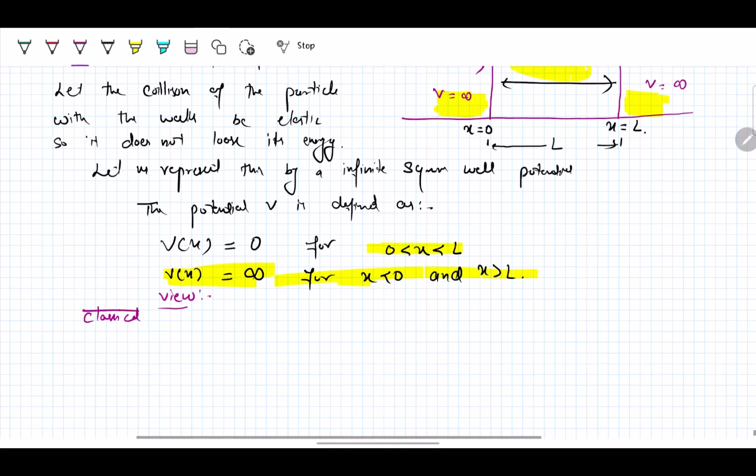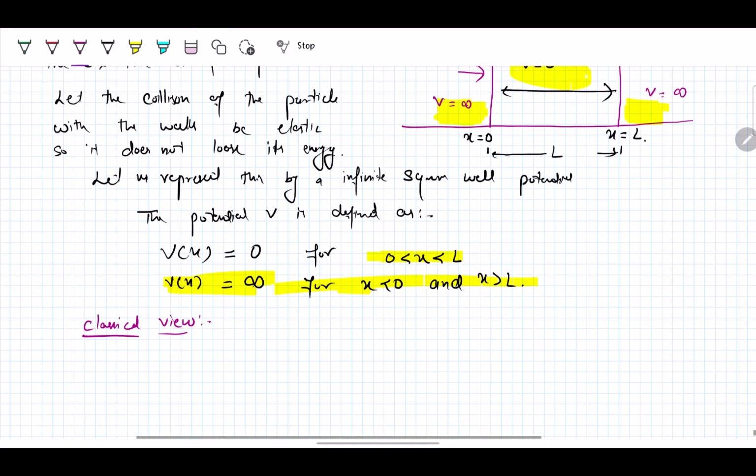If we want to solve this problem using the classical view, what are the findings according to classical mechanics? Classically, the particle can have any value of energy.